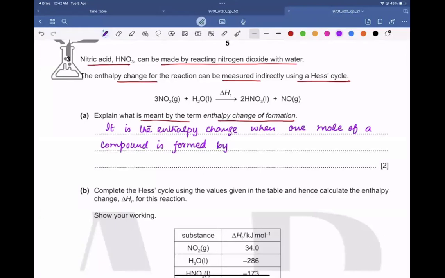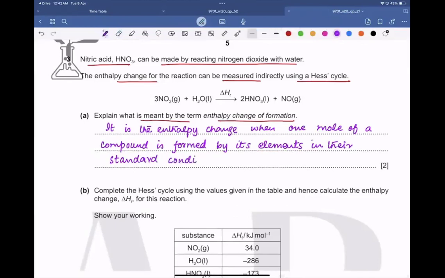Very good, Fatma. Elements in their standard states, and there is no need to mention the standard conditions because they didn't ask you for the standard enthalpy change, right?